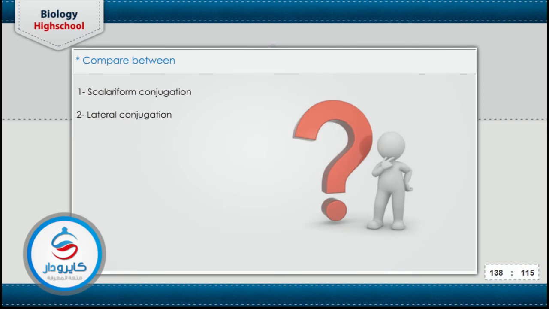The two parallel ribbons are like the two strands of the ladder, and the rungs are the conjugation tubes. So the protoplasm of one cell migrates through the conjugation tube and fuses with the other one. So one of the two ribbons will be empty, and the other will contain zygospores.